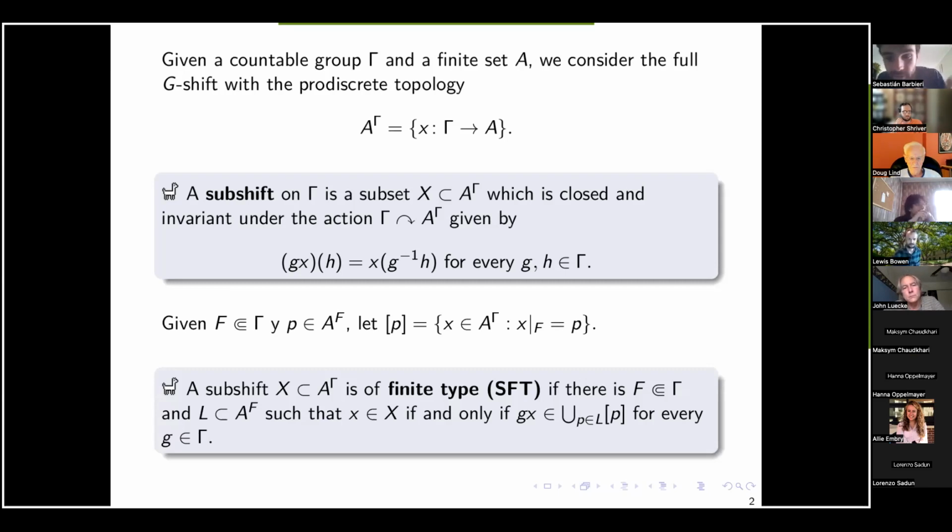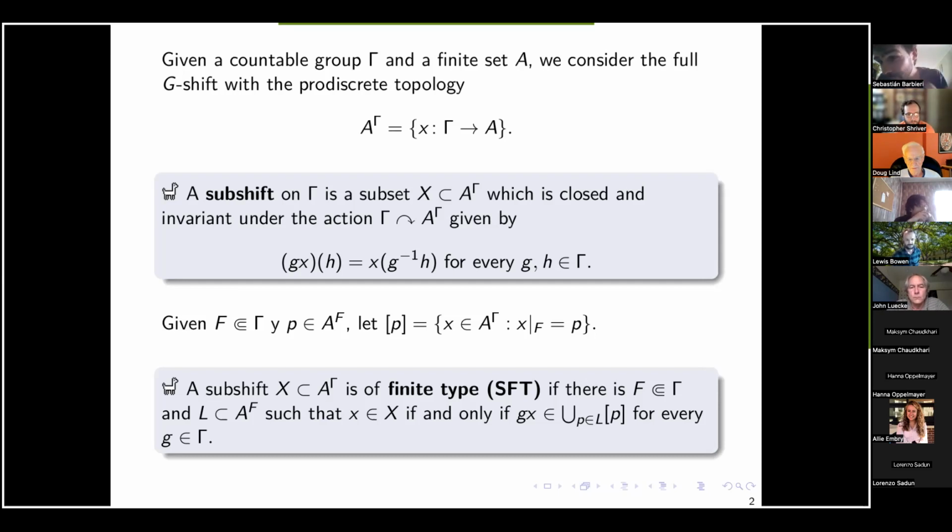There is a finite subset of the group and a finite set of patterns such that a configuration belongs in the subshift of finite type if and only if each of its translates lie in one of these allowed patterns. Okay, so probably for the people that are attending this talk, you've heard this several times. That's why I haven't stopped too much on these slides. If you want me to give more details, just let me know and I can slow down a little bit.